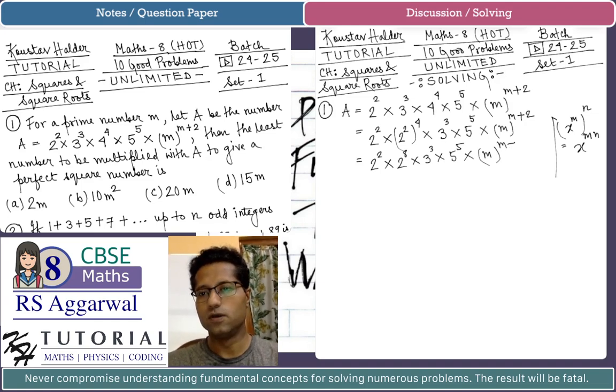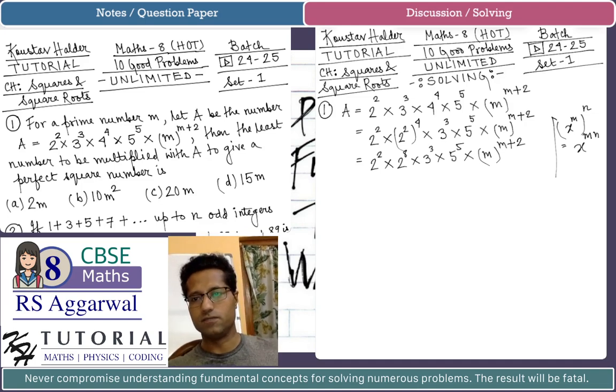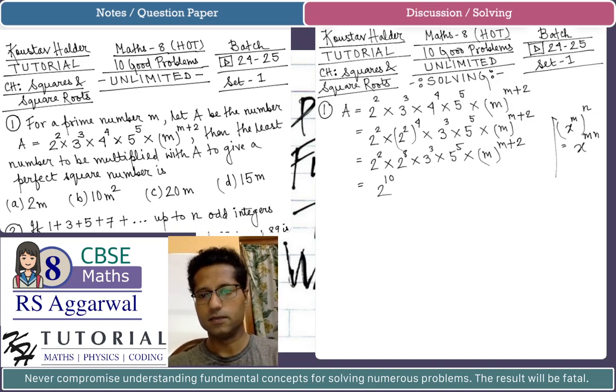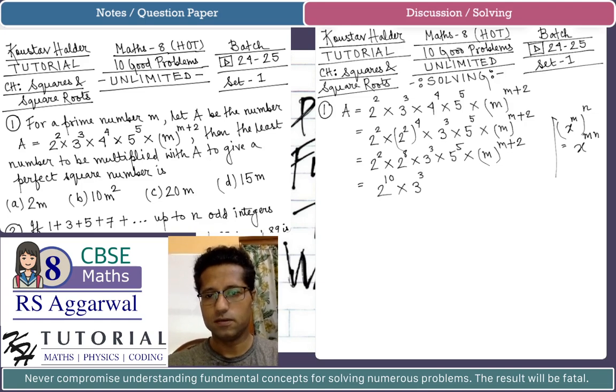The idea is to figure out which are the factors which cannot be considered as a part of any pair. Now 2 square multiplied by 2 to the power 8 becomes 2 to the power 10. The powers get added, and we have 3 to the power 3, 5 to the power 5, and m to the power m plus 2.